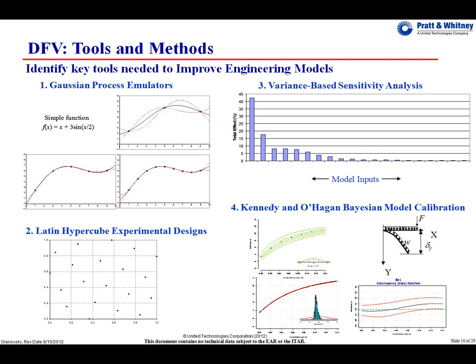Then you quantify the bias, which usually isn't a constant value, it's a function over the design space between the real-world values and the model. Using that information, you can calibrate inputs the model has that we couldn't get in the real world and figure out what values they must have been to give us that kind of discrepancy. And then we can take account of any remaining uncertainty in the random error when we make predictions.